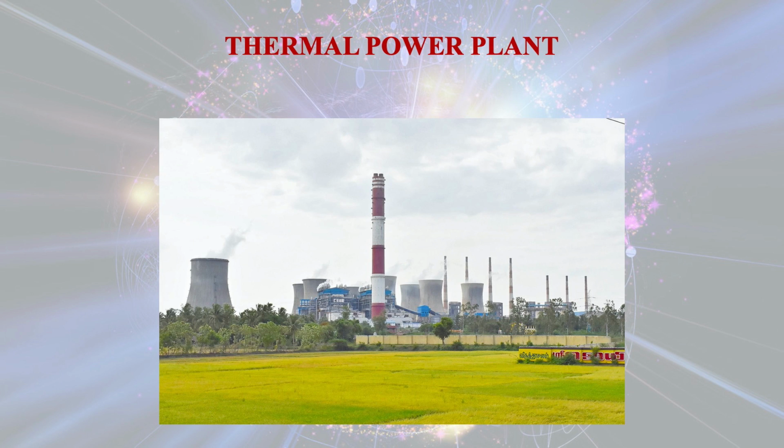Now this picture is for a thermal power plant. In the last class we discussed that there are 4 important components. One is the boiler, second is the turbine, third is the condenser, and the fourth is the pump. Now we will see how the energy transfer is going on in each and every component.